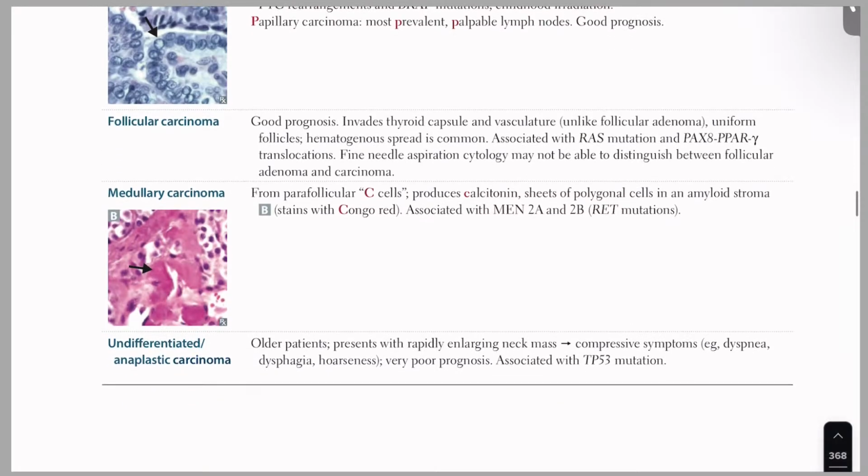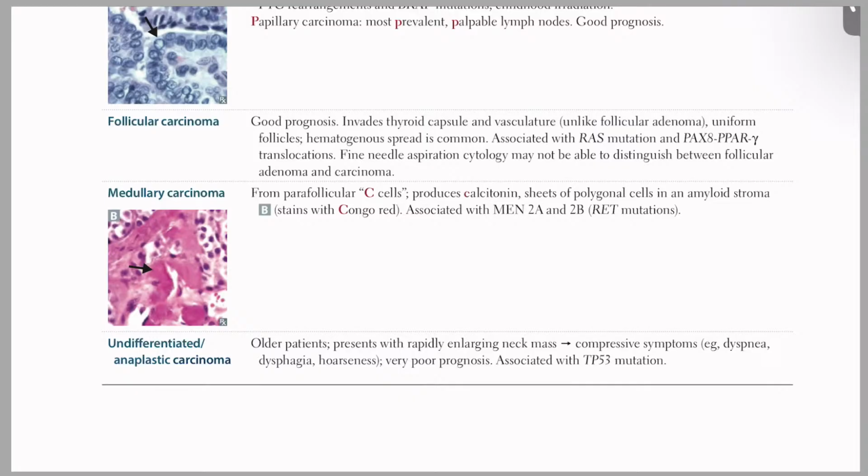Uniform follicles, hematogenous spread is common, associated with RAS mutation, PAX8-PPAR gamma translocations. Fine needle aspiration cytology may not be able to distinguish between follicular adenoma and carcinoma.